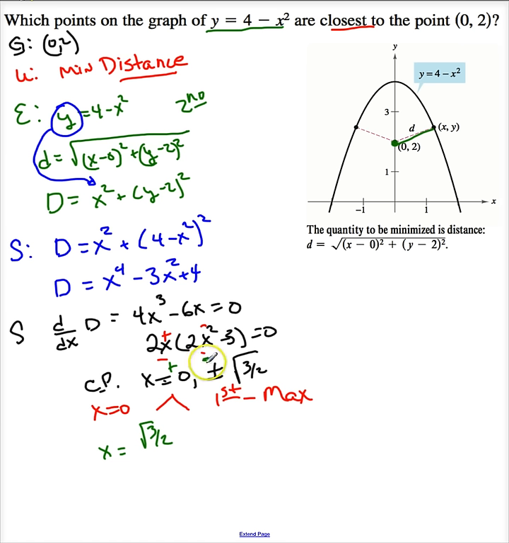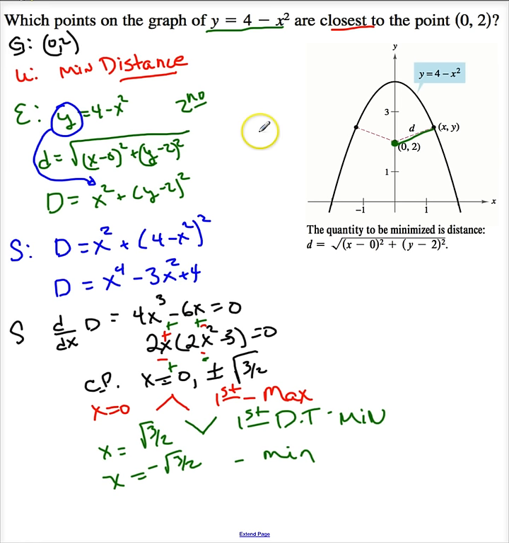So this will be negative. If we are greater than the square root of 3 over 2, this is going to be positive, and this is going to be positive, so my slope is positive. So I get, by the first derivative test, this is a minimum. And similarly, when x is minus the square root of 3 over 2, it's a minimum.